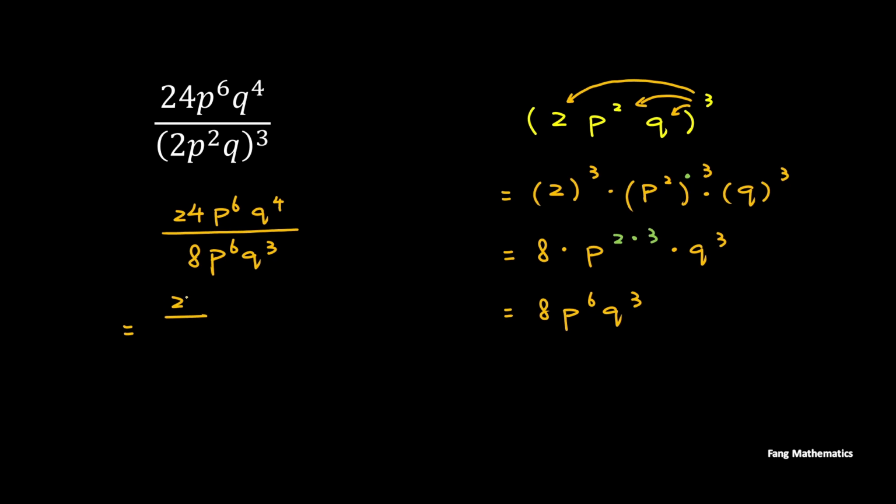So you have 24 over 8, and each component is joined by this multiplication sign, and you have p to the power of 6 over p to the power of 6. And you have q to the power of 4 over q to the power of 3.